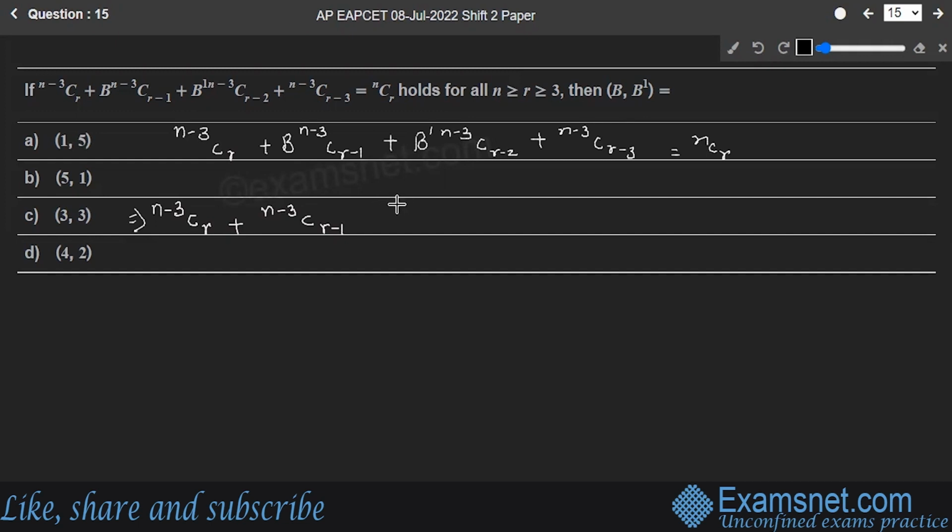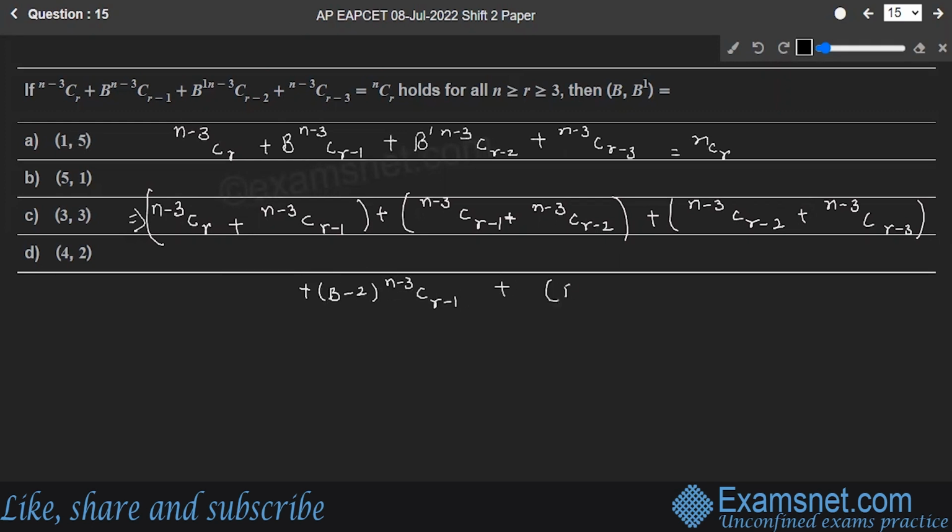So this equation will become n-3Cr plus, in brackets, n-3Cr-1. Now n-3Cr-2 I'm adding, and I told you I'll be adding this twice. So n-3Cr-2 plus n-3Cr-3 plus (b minus 2) n-3Cr-1 plus (b dash minus 2) n-3Cr-2 is equal to nCr, right?